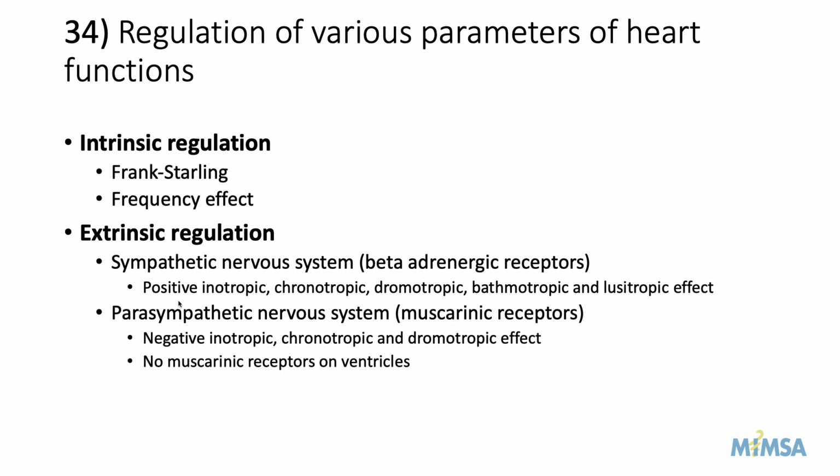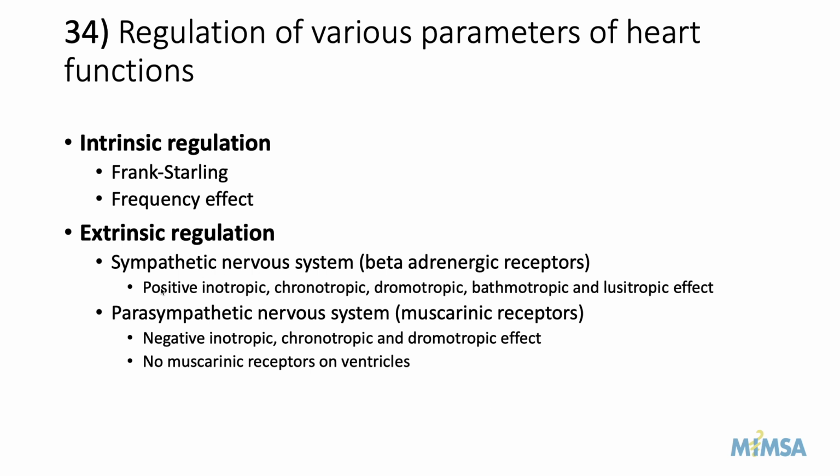So this was actually a question in one of my friend's exams. I think Novakova asked, what are the 5 ways that the sympathetic nervous system affects the heart? And you need to know all 5, because a lot of people think it's just the contractility and the heart rate, but there are 3 other factors.